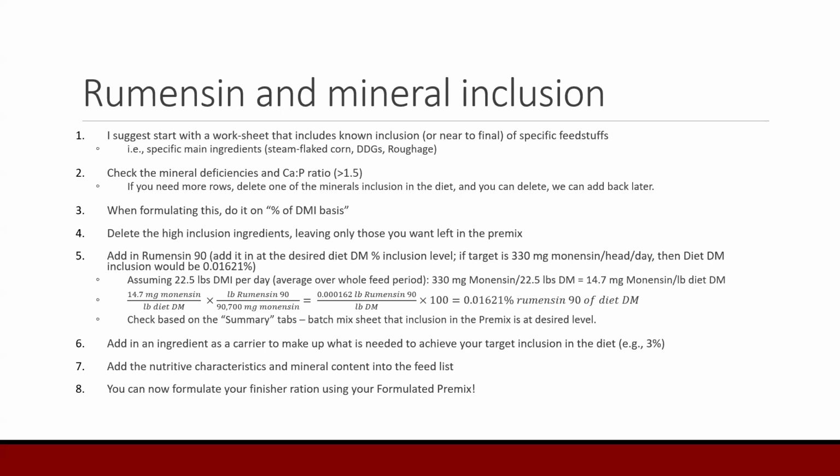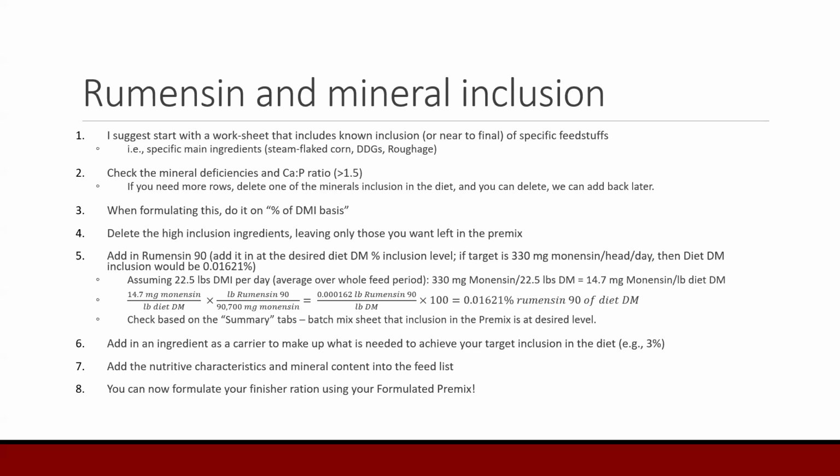So for example, if the calculator tells me that this animal is predicted to eat 22.5 pounds of dry matter intake per day, and I want to feed 330 milligrams of Rumensin per head per day, so 330 milligrams of Rumensin divided by 22.5, I would need to provide 14.7 milligrams of Rumensin per pound of diet dry matter. 14.7 divided by 90,700, as Rumensin 90 has 90.7 grams per pound.